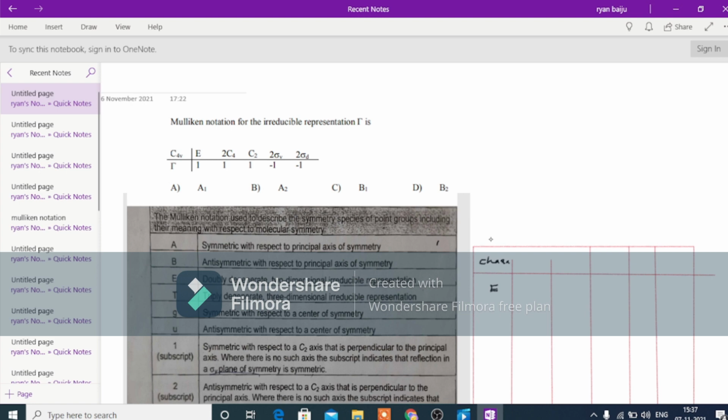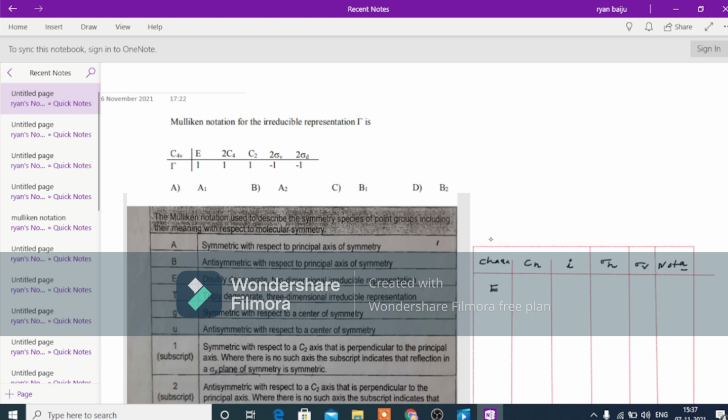On this side I am going to write principal axis Cn. Here center of symmetry. Here sigma h. Here I am going to write sigma v. On this side I am going to write the notation. The first point: symmetric with respect to the principal axis.